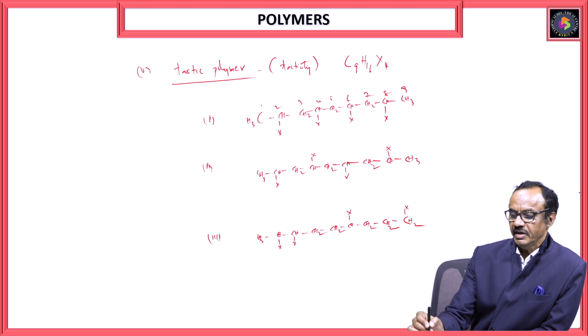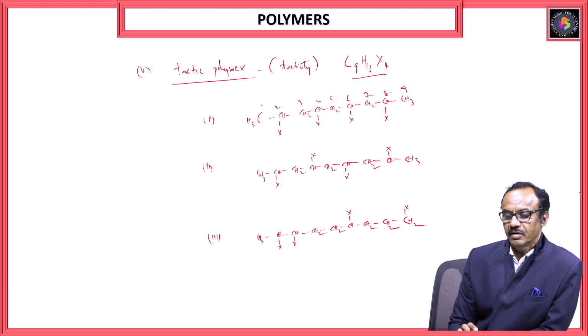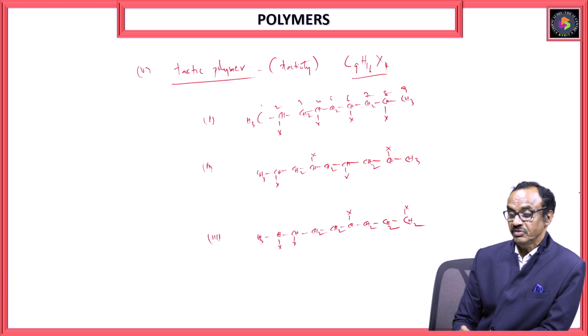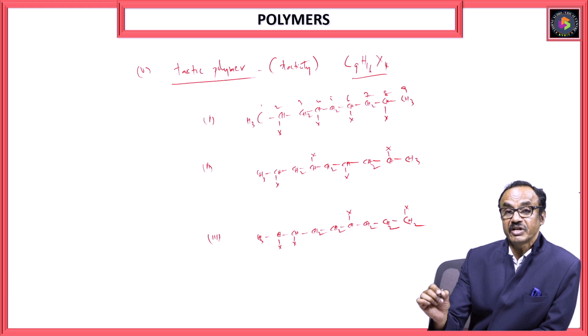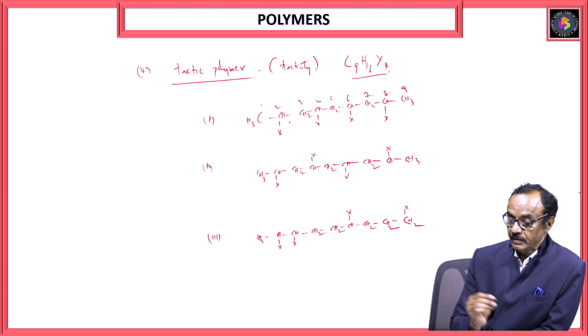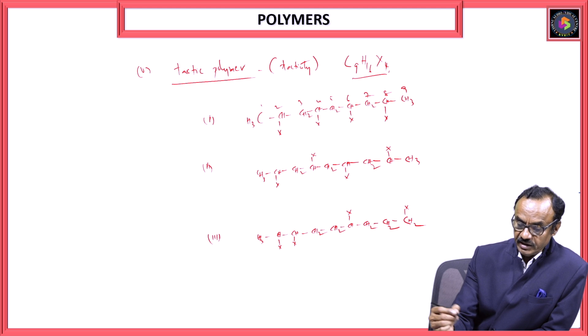All three have the same formula and the same molecular weight, but exhibit different physical and chemical properties due to the difference in the X atoms, the functional groups attached to the main chain. The first polymer is called isotactic, syndiotactic, and atactic.